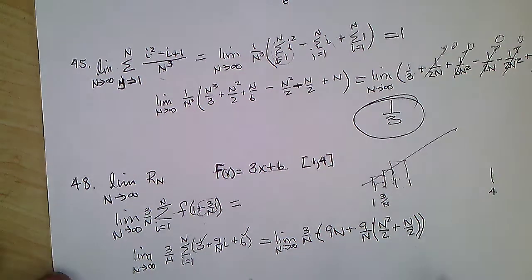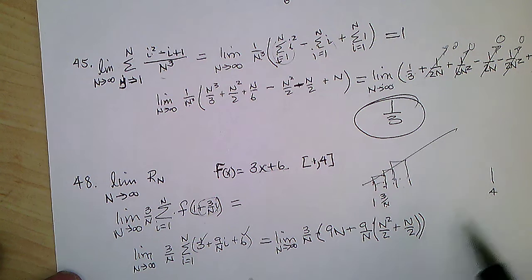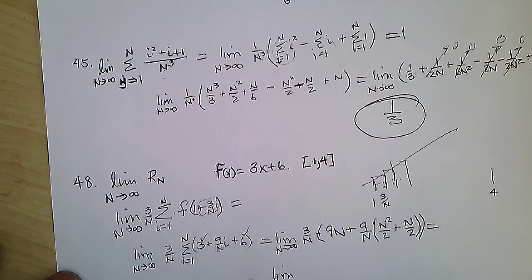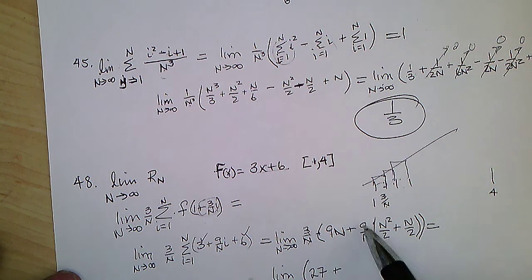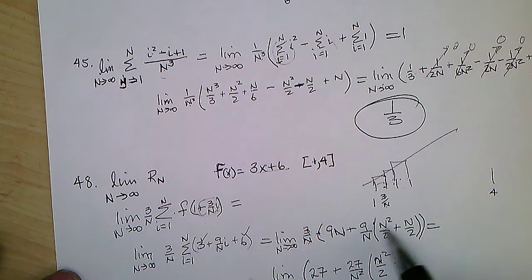Okay, so if I distribute this 3 over n to this, I get the limit as n goes to infinity of 3 over n times 9n is 27, and the n's cancel, plus, now if I take 3 over n times 9 over n, I get 27 over n squared times n squared over 2, plus, the n's will cancel on this, plus 9 over 2.